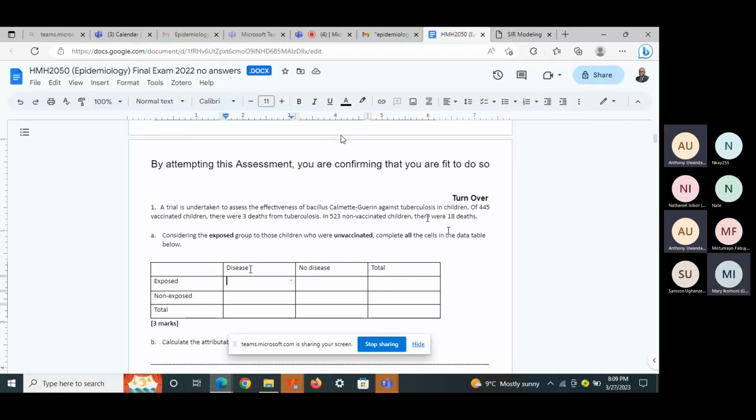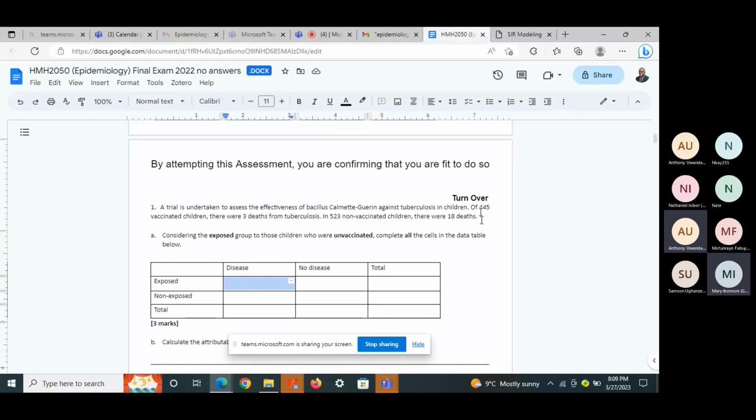Okay, so what we put in this column here, based on the question on the screen, what do we put in this column where my cursor is? 3. Okay, let's confirm.